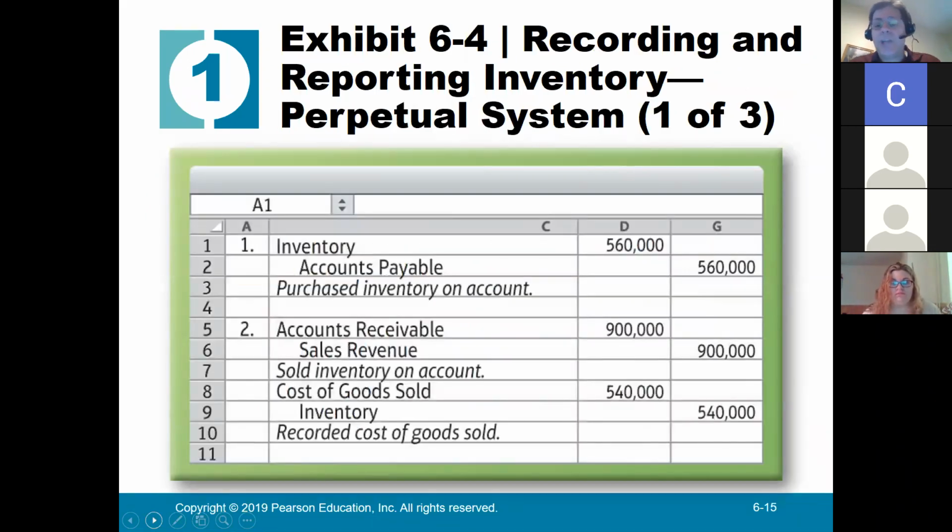So this is an illustration of the journal entries, okay? But what I would like to show you, maybe in addition to the journal entry look, is a little different way to look at it. I have to stop the share, and then I'm going to share a different screen.